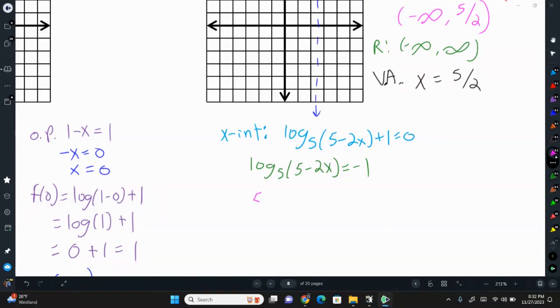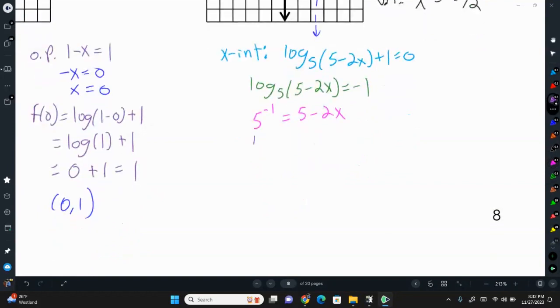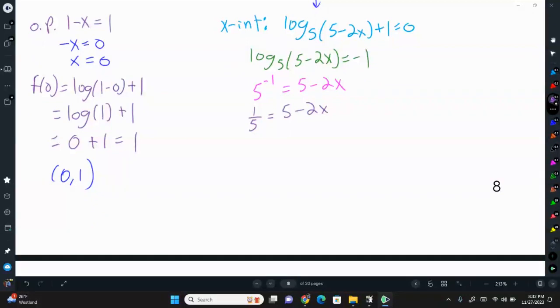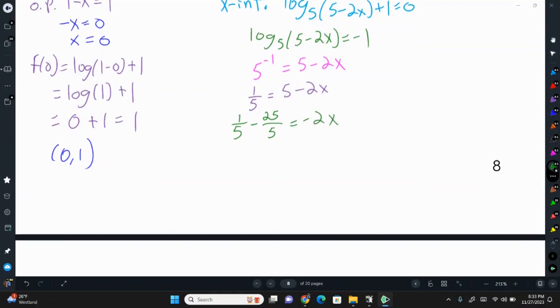So then it's going to be 5 raised to the negative 1 power equals 5 minus 2x. Well, 5 to the negative first power is 1 over 5, which equals 5 minus 2x. And then we have to subtract 5 from both sides. Now when I do this, I'm going to change 5 to 25 over 5, so that we have a common denominator. Right, so then this will get us negative 24 over 5 equals negative 2x.